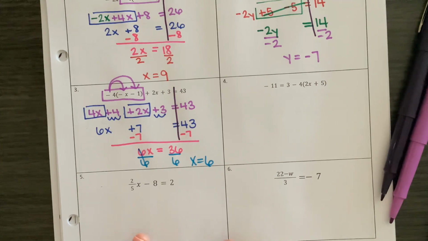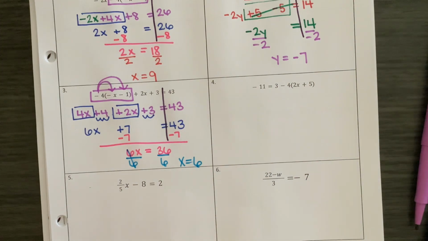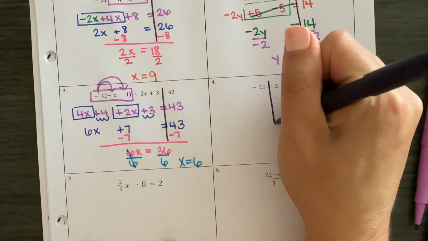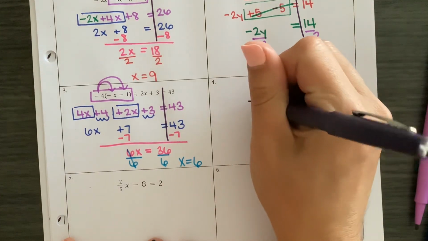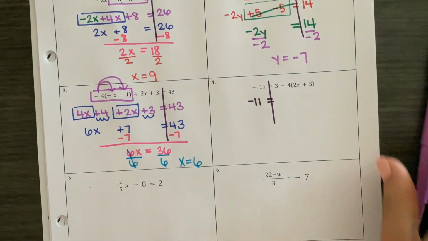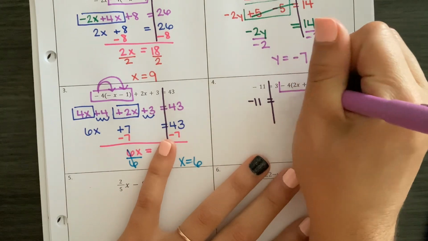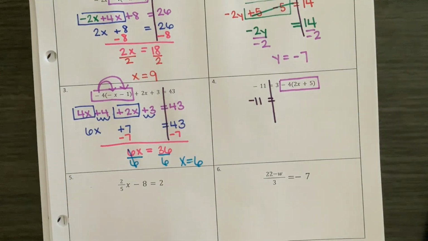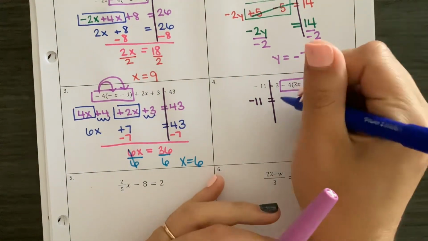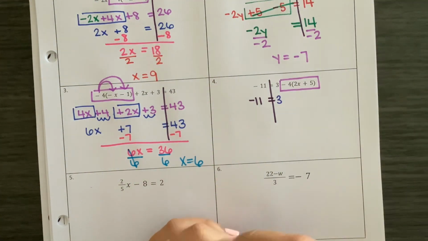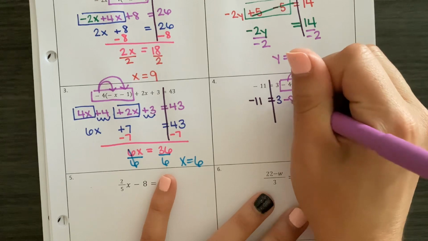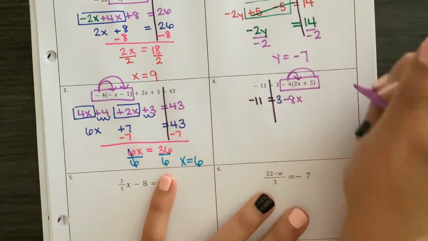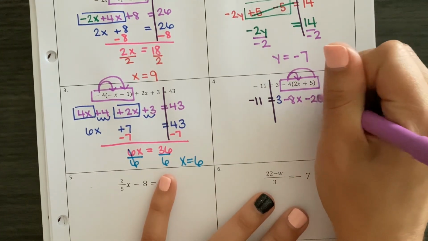Okay, again, this next one, it's very similar to all the other ones that we have done. The only difference is all of our information that we have to work with first is on the right, so I'm going to drop that -11 first. I'm going to box in what I have to distribute. If you look, I did not box in that 3, so I'm going to drop that 3, and I'm going to start distributing. -4 times 2x is a -8x. -4 times 5 is a -20.